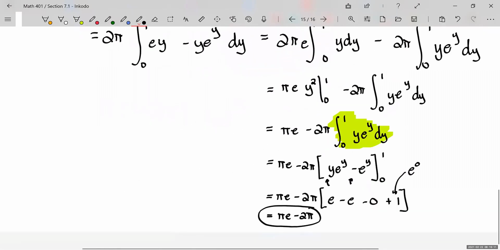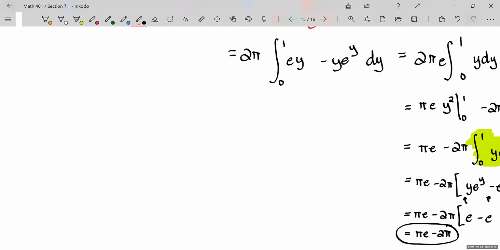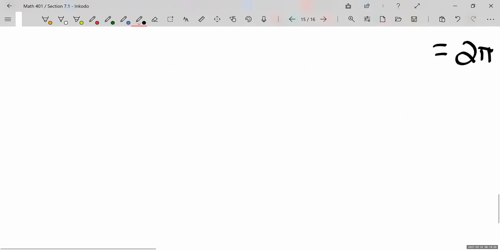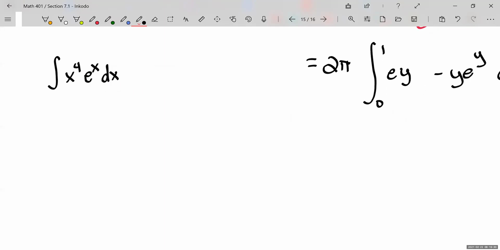Something as an aside that I could easily ask for a quiz or an exam is to compute the integral of, let's say, x to the 4th e to the x dx. You are more than welcome to use the trick because that will be very powerful here. U versus dv.